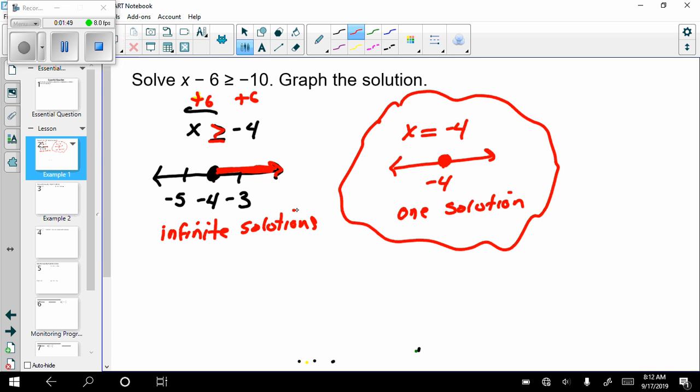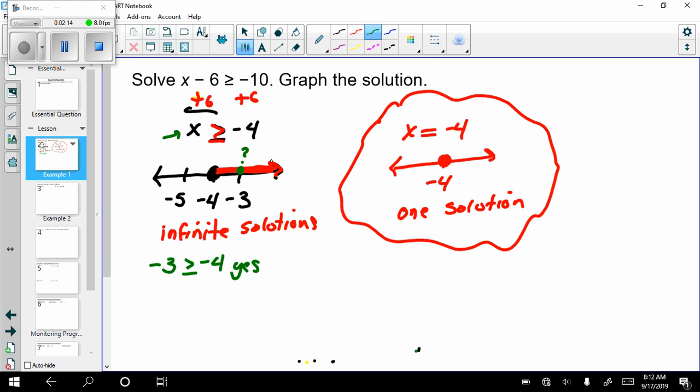Let's check to see if any of these points that are to the right of -4 are truly solutions. Is -3 a solution? I'm plugging it in: is -3 greater than or equal to -4? Yes, it is. So that works.